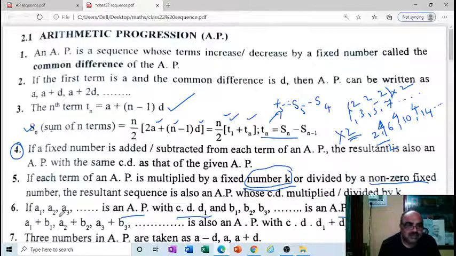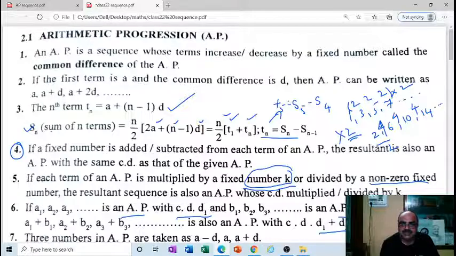Now I have a new series where these two are added: A1 plus B1, A2 plus B2, A3 plus B3. This is a new series whose common difference is D1 plus D2.